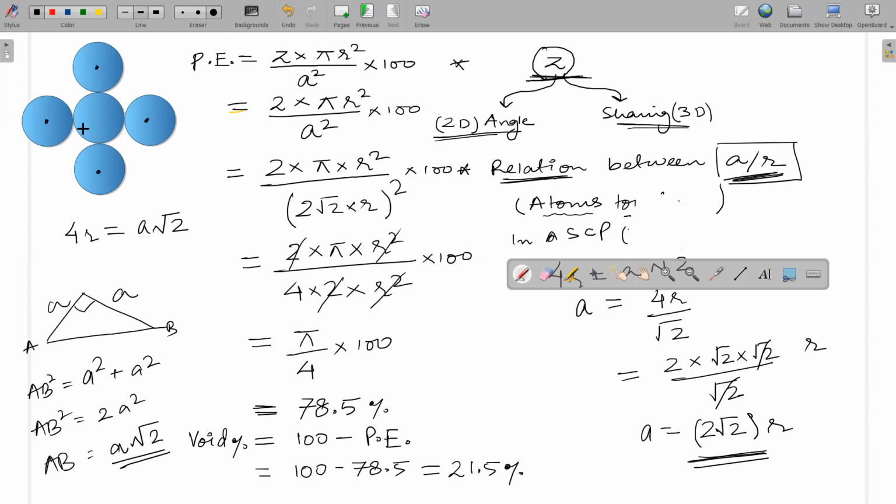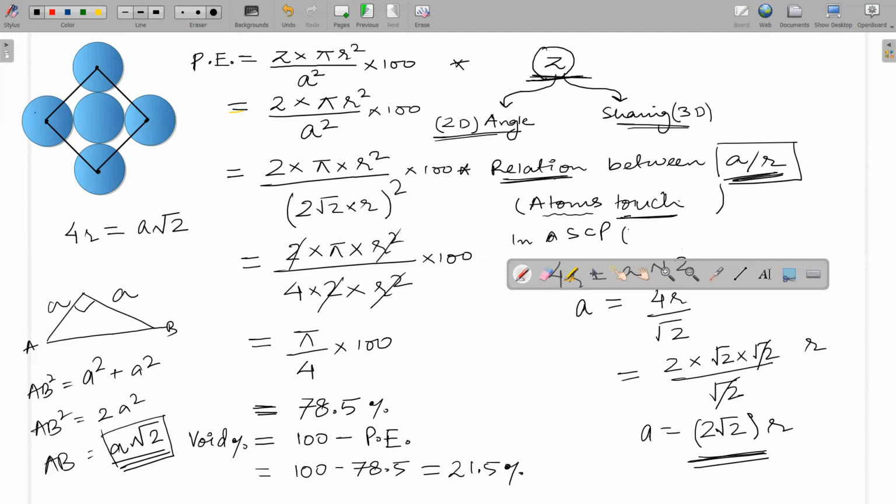Wait a second, Mariam. Are you talking about this part or the atoms touch part? Atoms touch part. I hope you understood the Pythagoras theorem calculation now. So what are the atoms that you can see are touching?